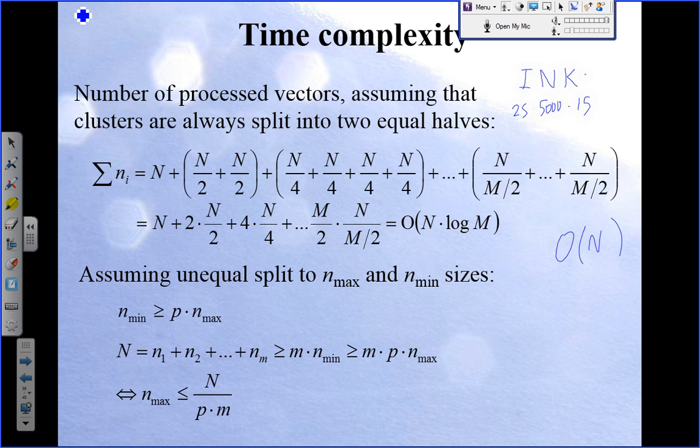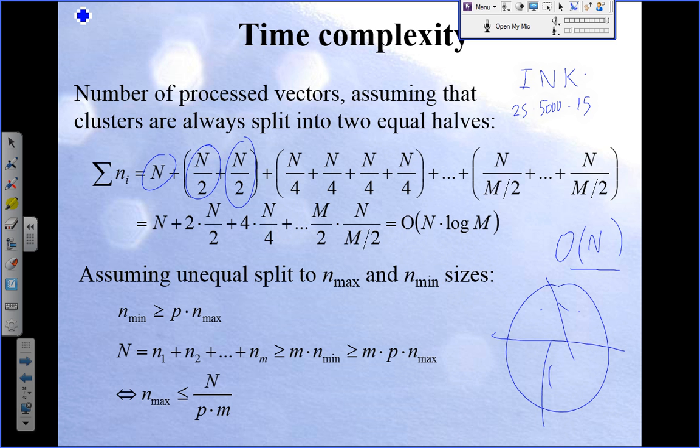It depends on the size of the cluster we process. And at first, we have everything in one cluster. So we have all possible vectors. So we have to do linear time processing at the first step. After that, we have half size. Okay, this is an approximation. We can't know what the sizes of the resulting clusters are, but in most cases, they are half size. So next time we process the big cluster first, n points, then we have n divided by two points here, and here we divide them.